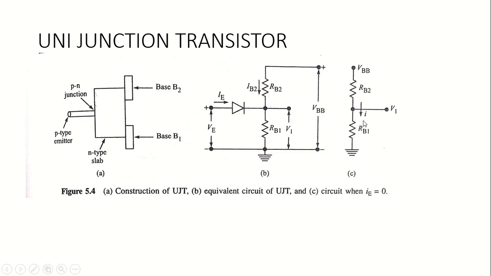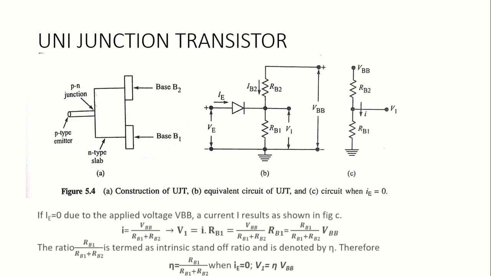In this circuit, if IE is 0, there exists a current I through RB2 and RB1, and the voltage across RB1 is termed V1. Here V1 can be found with the help of the voltage divider formula: V1 equals VBB into the opposite resistance by the total resistance.